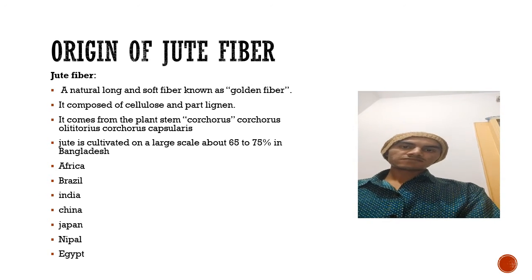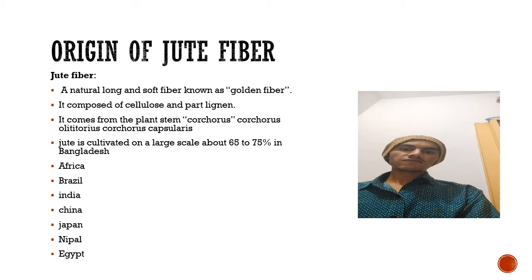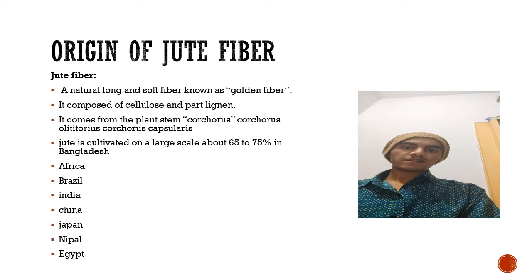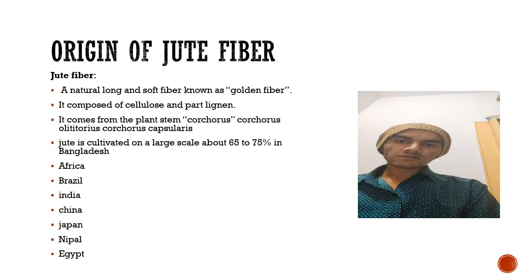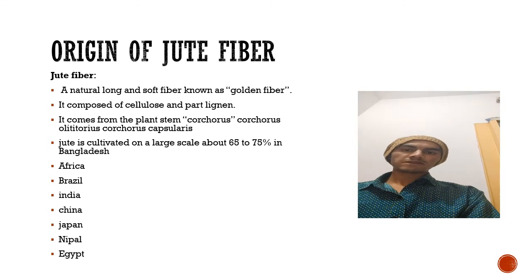It comes from the stem of the plant Corchorus. There are about 40 to 100 species of jute plant, but the two most important cultivated are known as Tosa jute and white jute, whose species names are Corchorus olitorius and Corchorus capsularis.